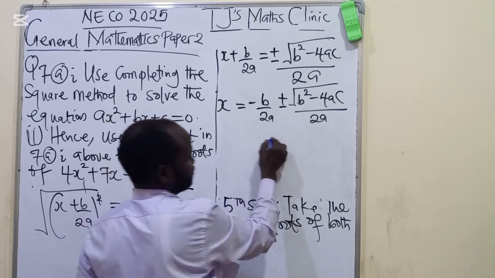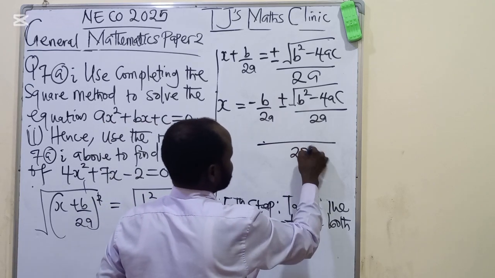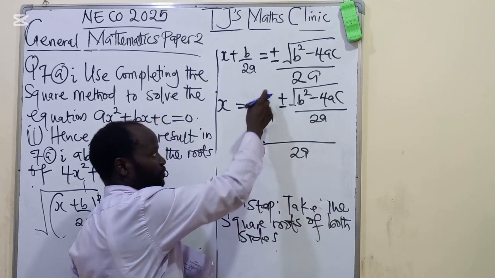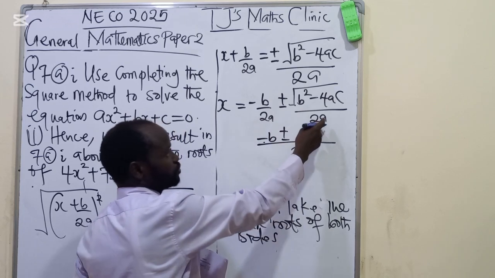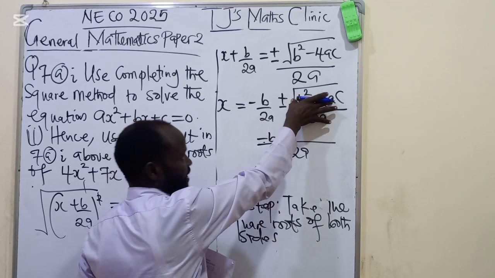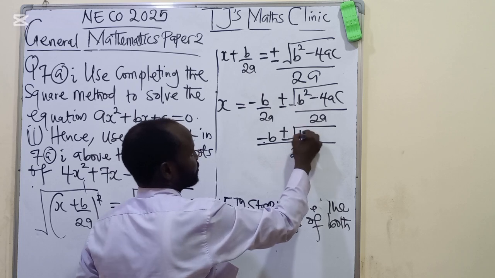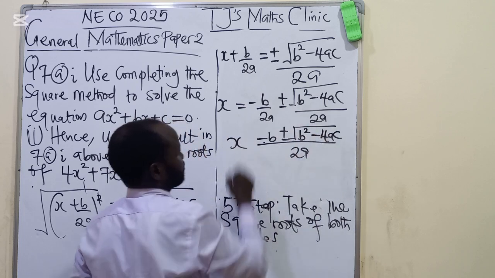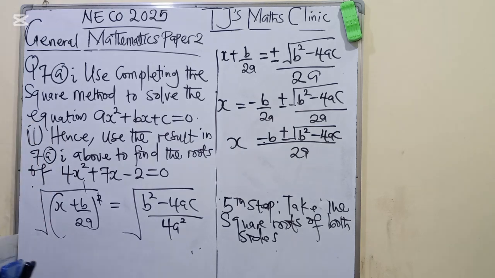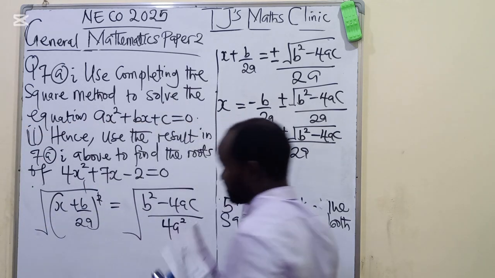The LCM, of course, will be 2a. 2a into 2a is 1 multiplied by −b. That will be −b plus or minus, 2a into 2a is 1 multiplied by the whole of this, we have root b² − 4ac. This is now equal to x. And this is said to be the general formula of this quadratic equation.